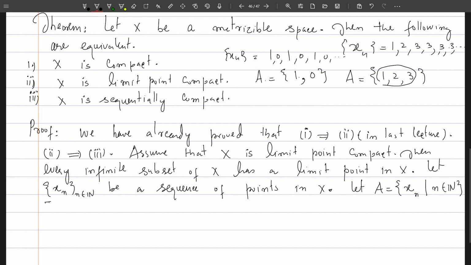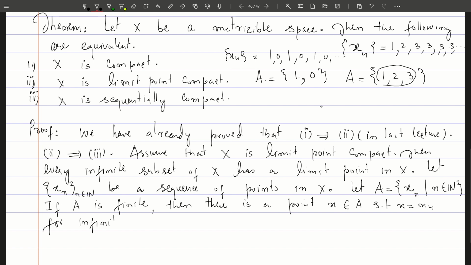So if A is finite, then there is a point x in A such that this x equals xn for infinitely many values of n.